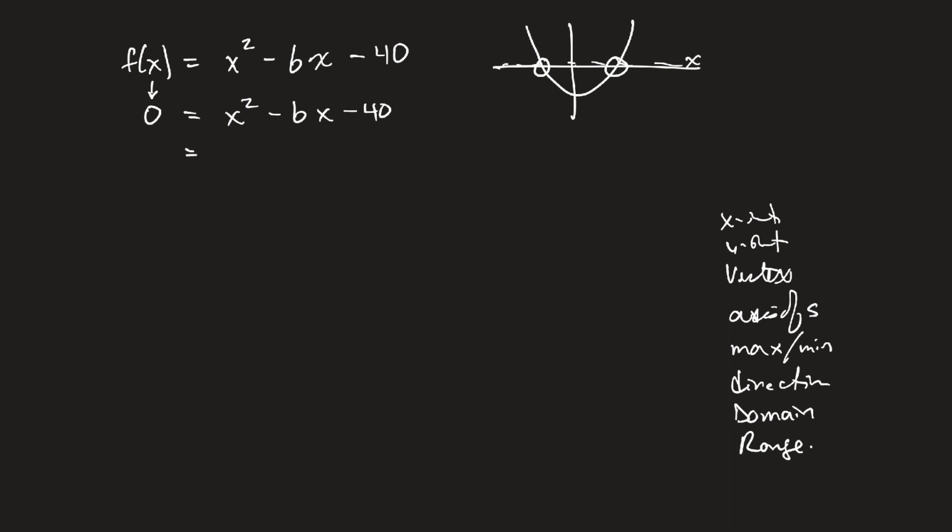Okay, so first thing I would do is try and factor it. So x and x, I'm thinking 10 and 4, minus 10 and plus 4. Is that right? Yeah, that's right. Equals 0. So I can use the zero property now to solve for the x-intercepts.